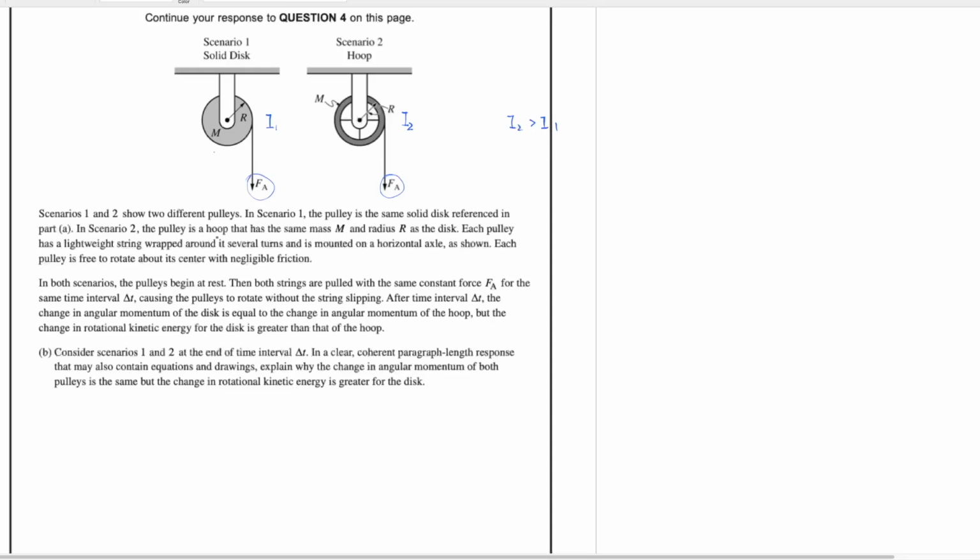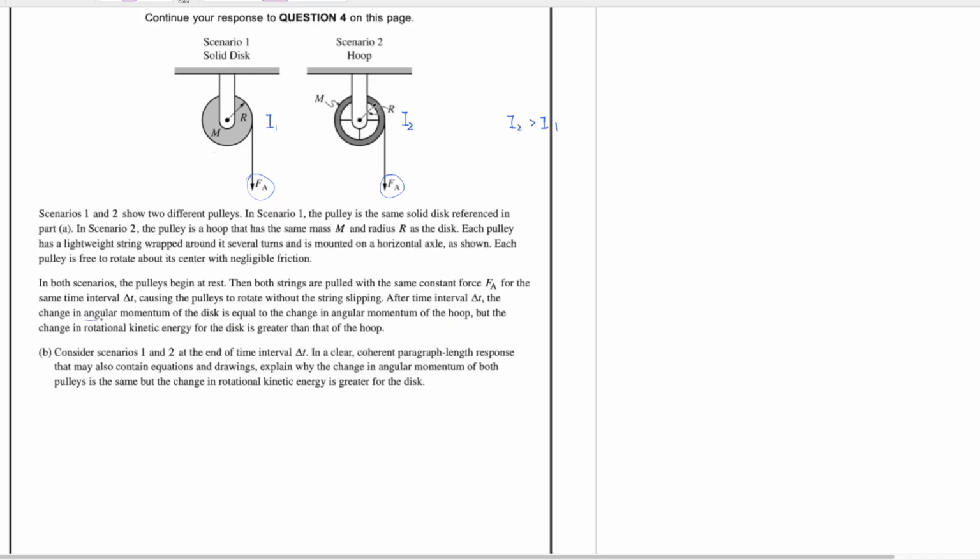Okay, so each pulley is free to rotate about its center with negligible friction, and the pulley begins at rest. Then both strings are pulled with the same constant force F_a for the same time interval delta t, causing the pulley to rotate without string slipping, rolling without slipping. After time interval delta t, the change in angular momentum of the disk is equal to the change in angular momentum of the hoop.